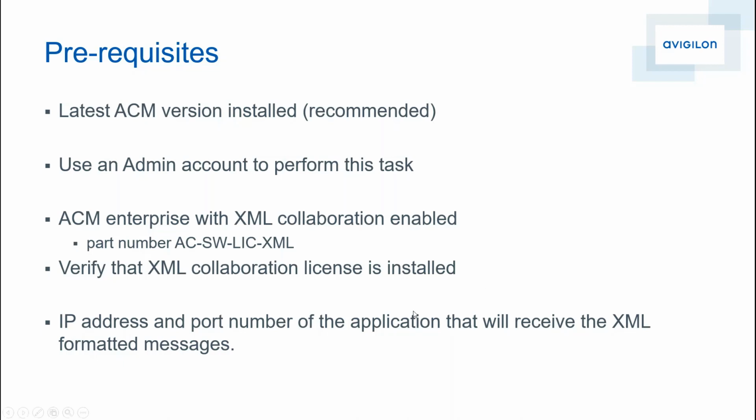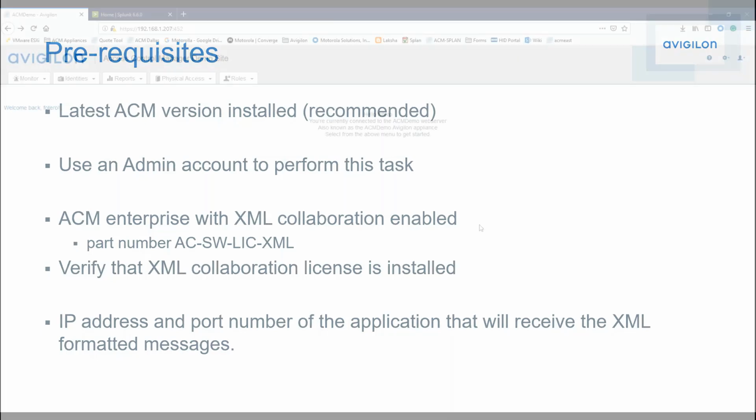Once you have the license, we suggest you verify that under the About screen. Make sure that you have that license enabled in ACM. And also, you would need to have the IP address and port number of the application that will receive the XML formatted collaboration. Also, be careful with firewalls and anything that would prevent ACM from sending the messages to this application.